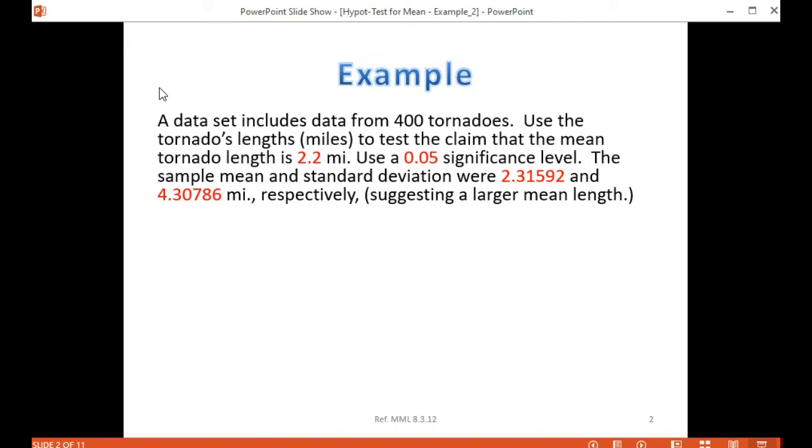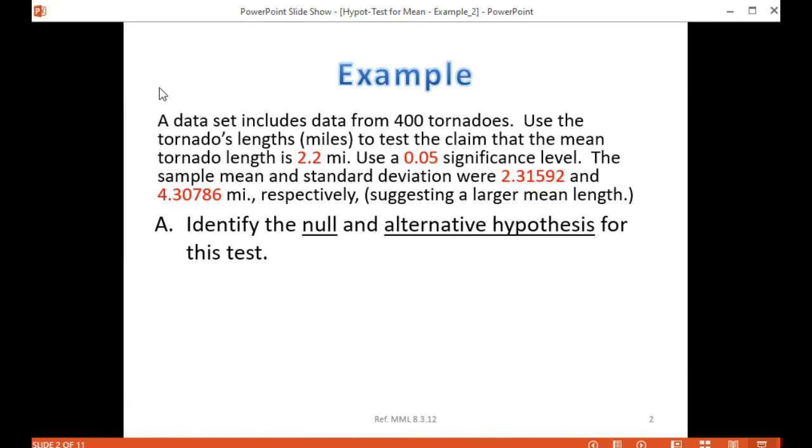So this would be x bar. So you say x bar is 2.31595, and then the standard deviation, which is Sx or S, is equal to 4.30786. Okay, so we have those.